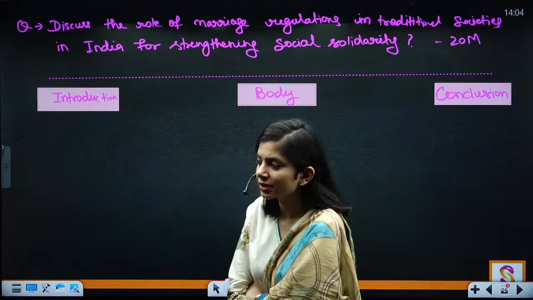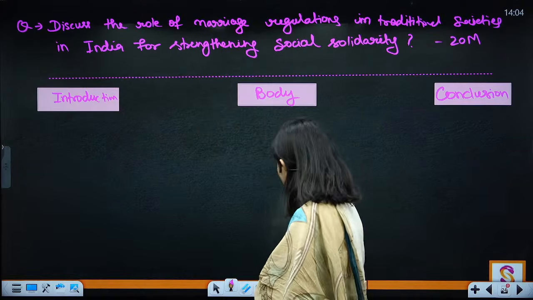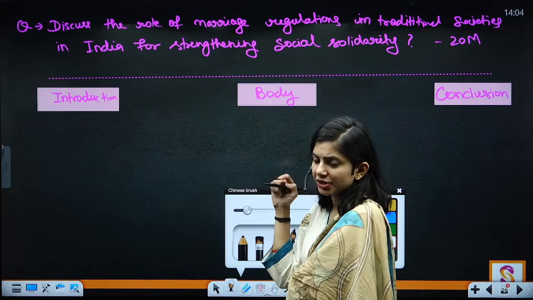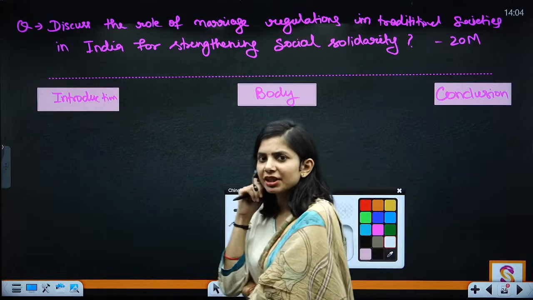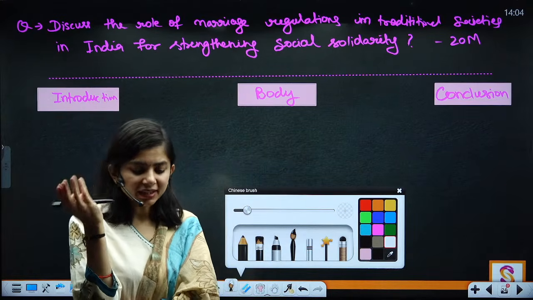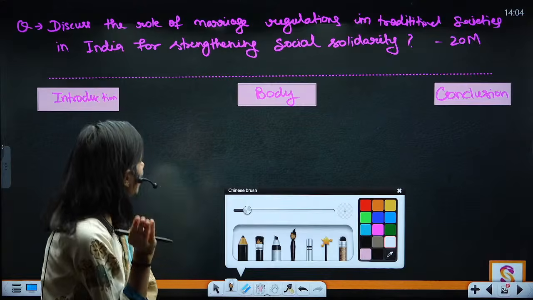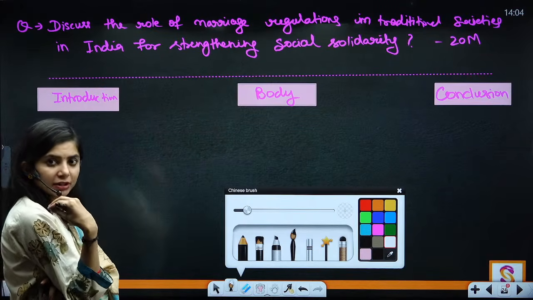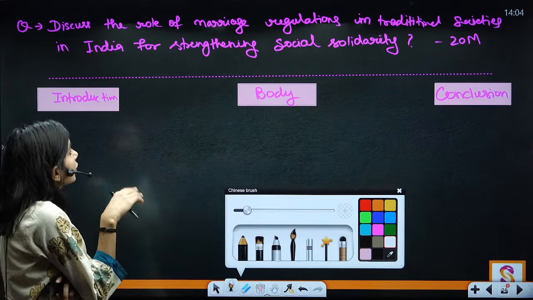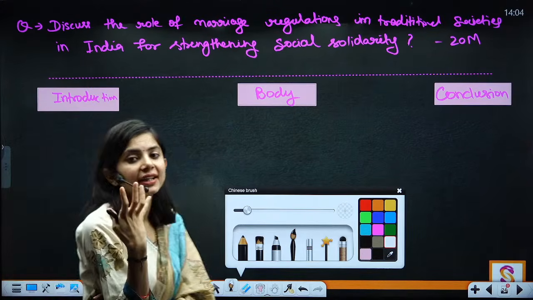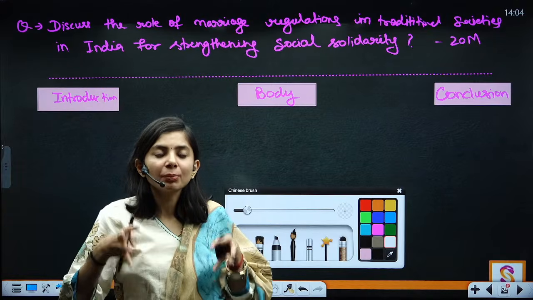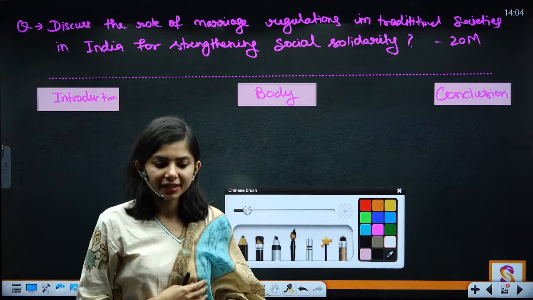Now first read the question. The question says discuss the role of marriage regulation. They are asking about marriage regulation, but not just to explain marriage regulation; they want us to explain marriage regulation and its role in strengthening social solidarity. I mean, how marriage regulations help us maintain solidarity in the society.